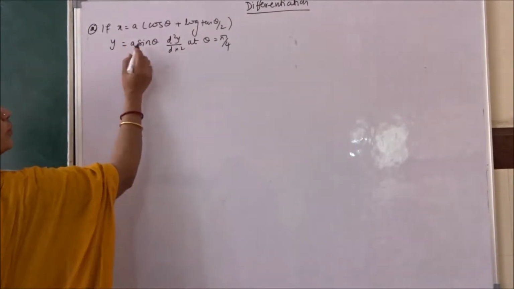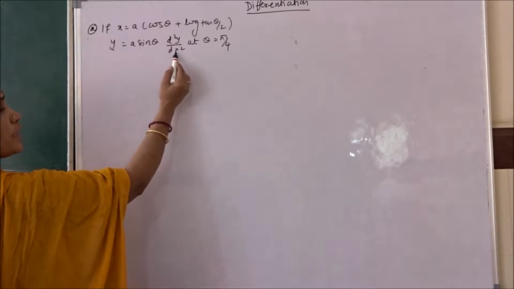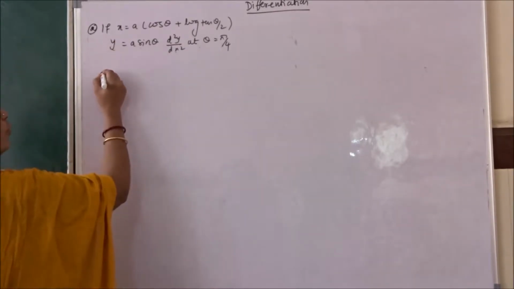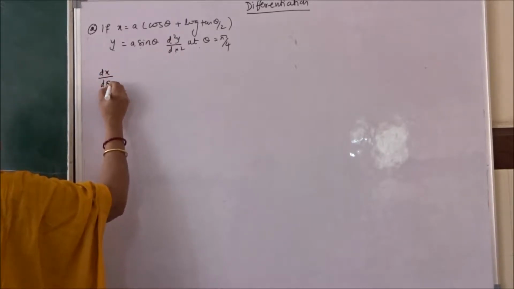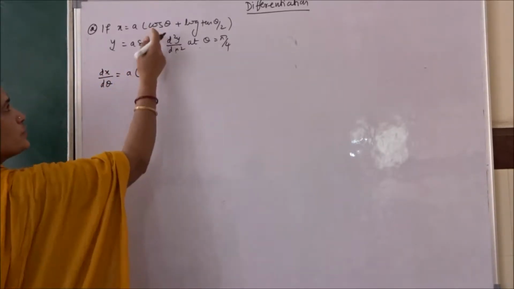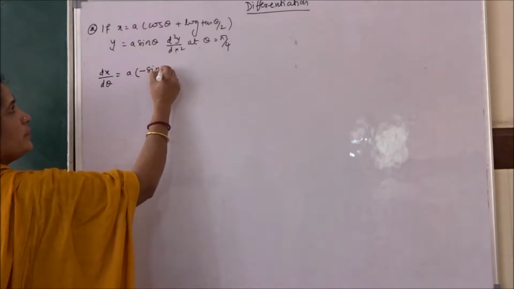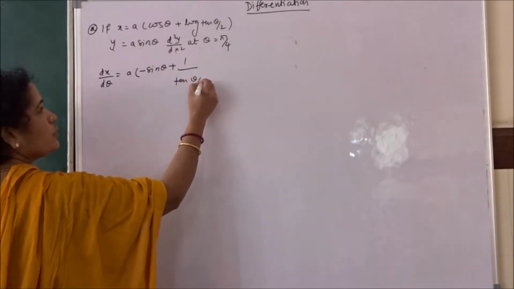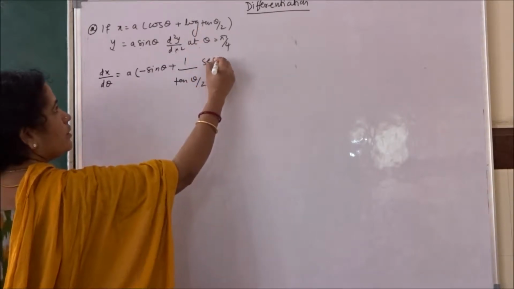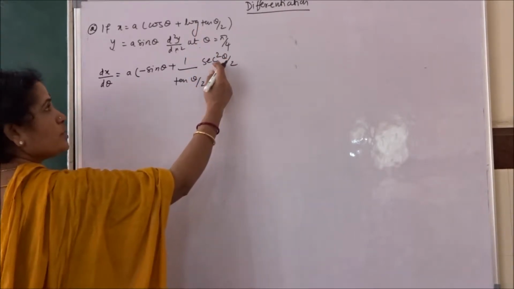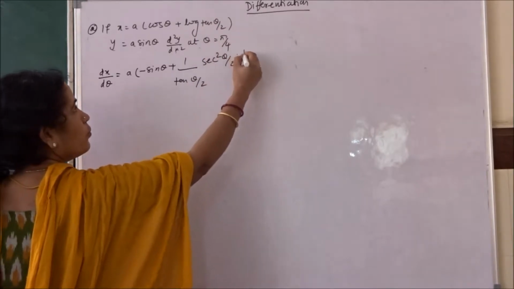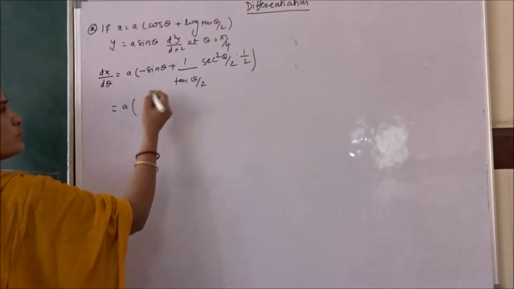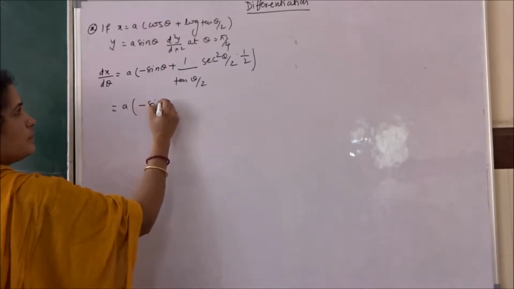X is given, y is given. Find the second derivative d square y by dx square at theta equal to pi by 4. Now I am finding dx by d theta. dx by d theta is a into the differentiation of cos theta, which is minus sin theta, plus log tan of theta by 2, whose differentiation is 1 upon tan theta by 2 into sec square theta by 2 into 1 by 2. Am I correct? Now if there is any possible simplification, that is minus sin theta. Fine.